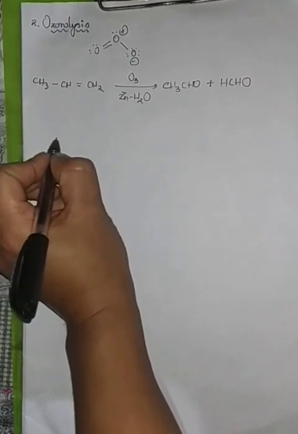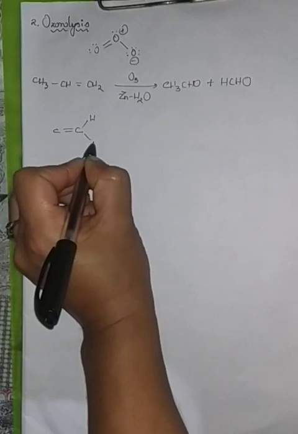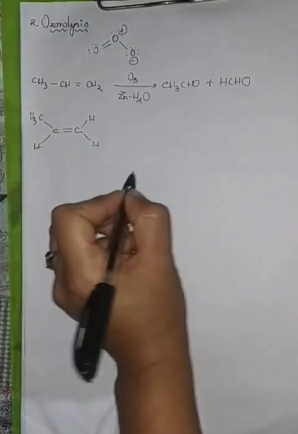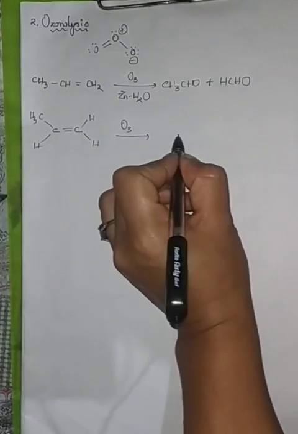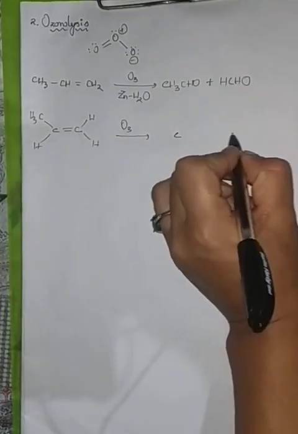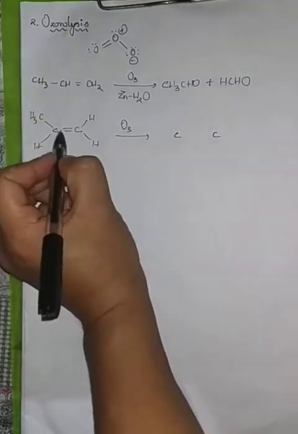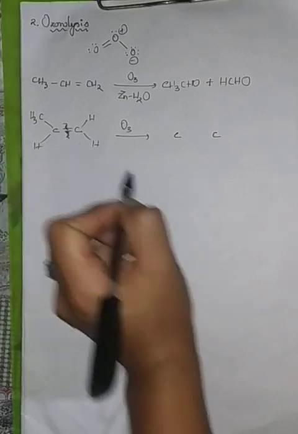Now if we take C double bond C, H, CH3, and then H, and react with ozone O3, this is our first carbon. In the ozonolysis of alkenes, the double bond breaks up.